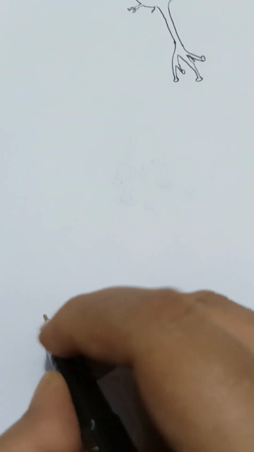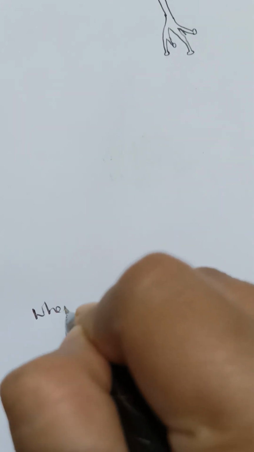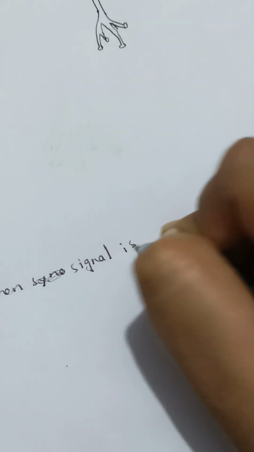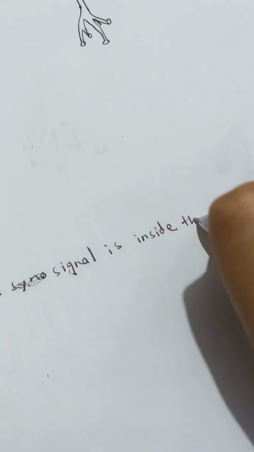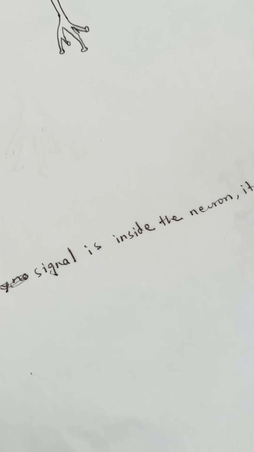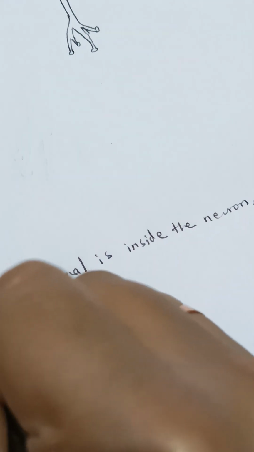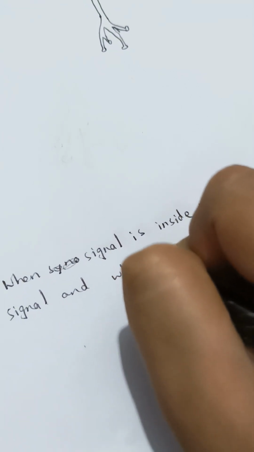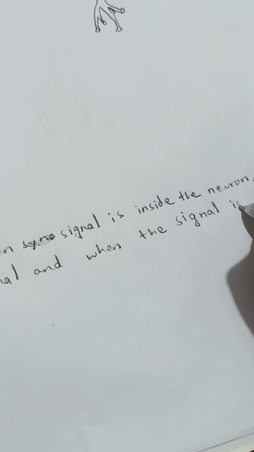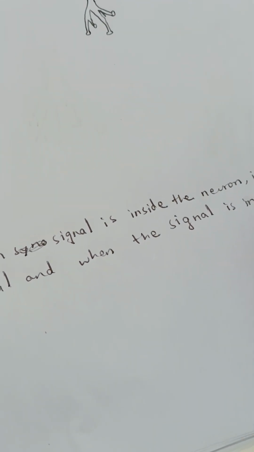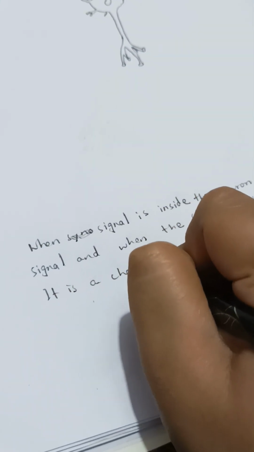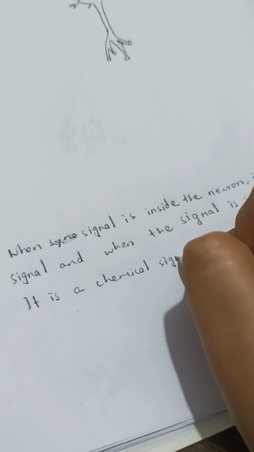So always remember that when the signal is inside the neuron, it is the electrical signal, and when the signal is in the synapse, it is a chemical signal.